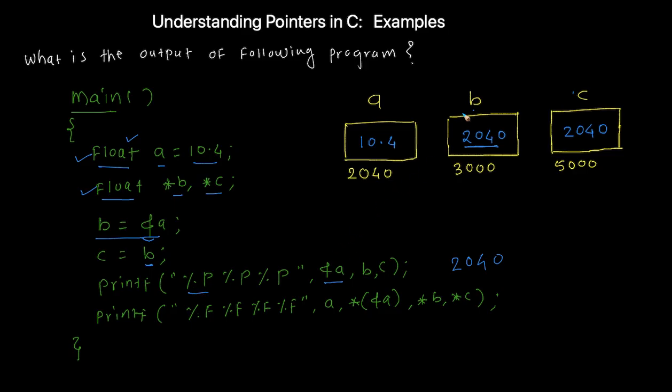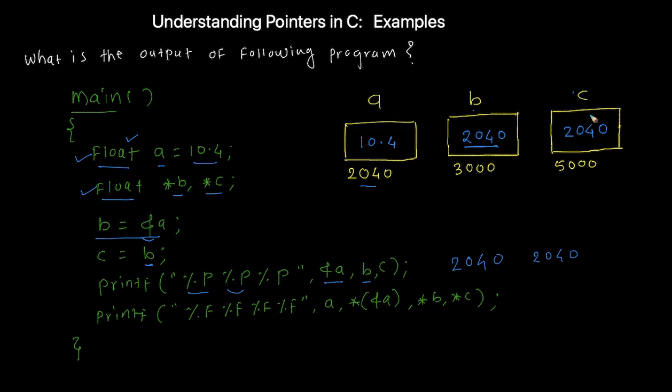Other ways: b is also storing the address of a. So I can simply say b. If I say b, I'll get the value of b, which is the address of a. So this will print 2040. %p is the format specifier for this also.